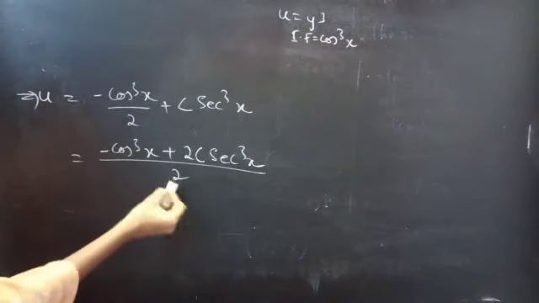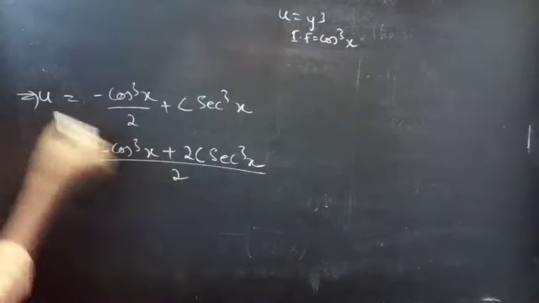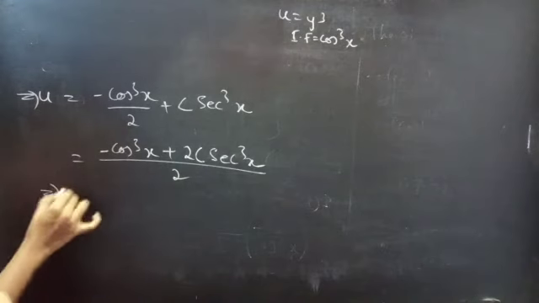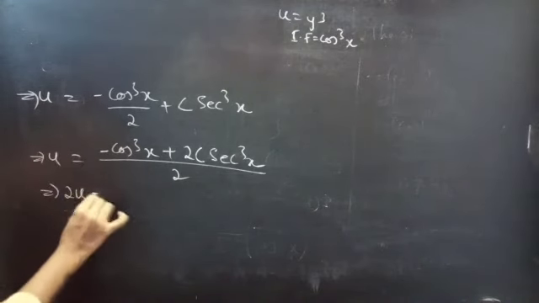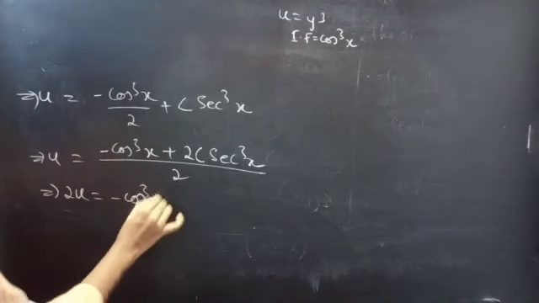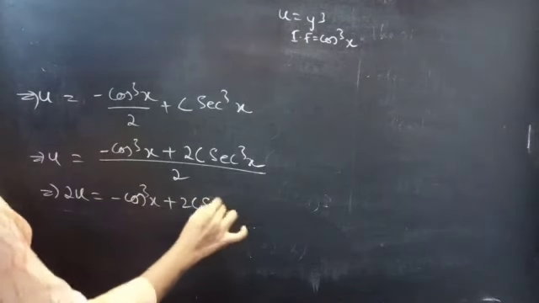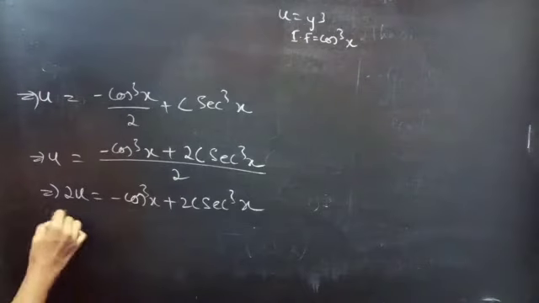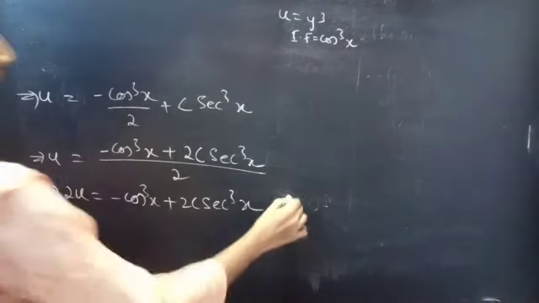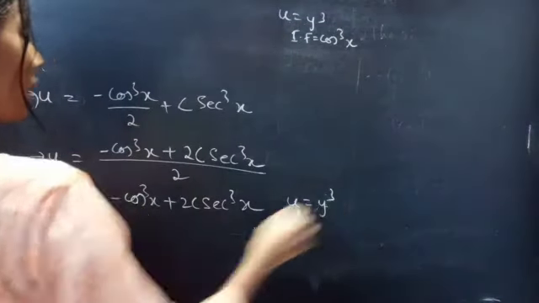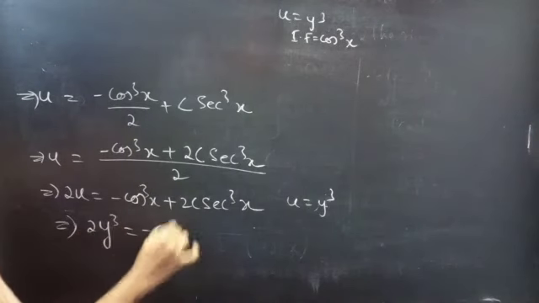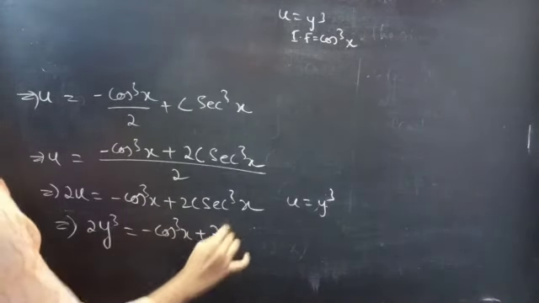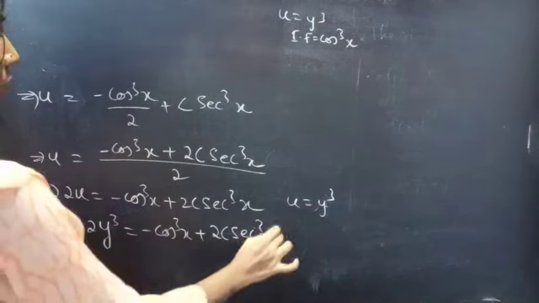Now you can bring this to the LHS, then you'll get 2u equals minus cos cube x plus 2c into secant cube x. Now replace u by y cube, then you'll get 2y cube equals minus cos cube x plus 2c secant cube x.